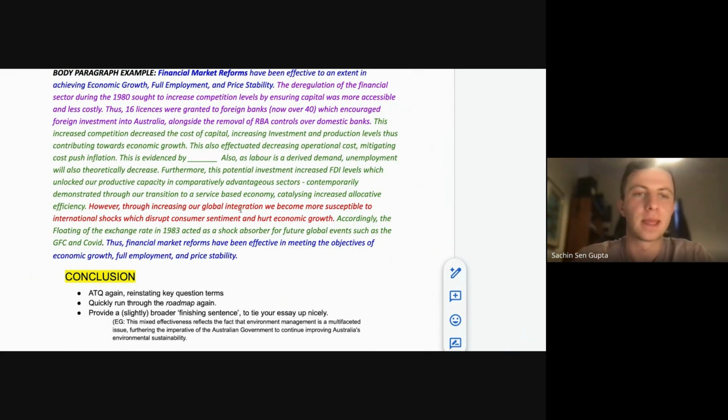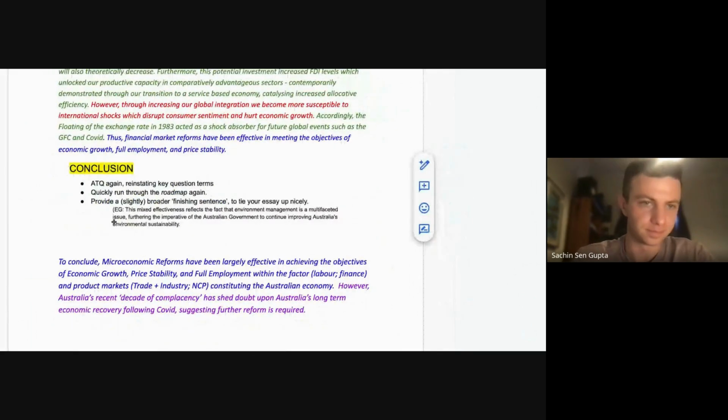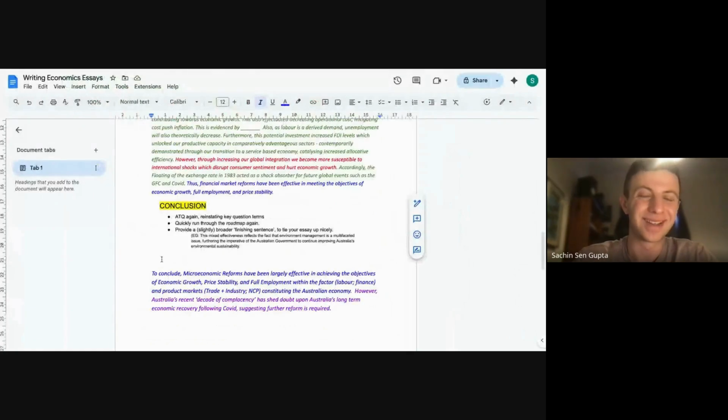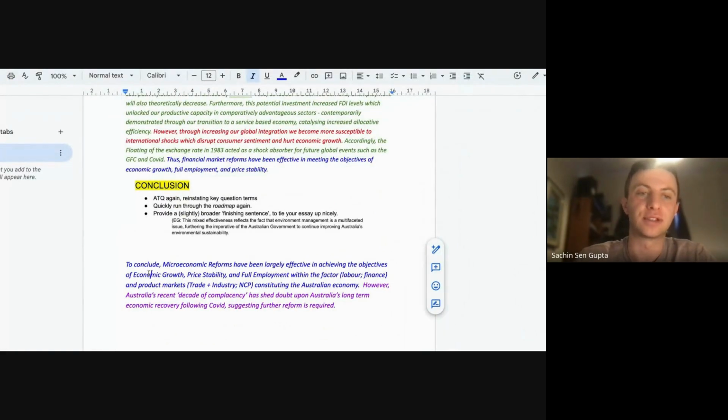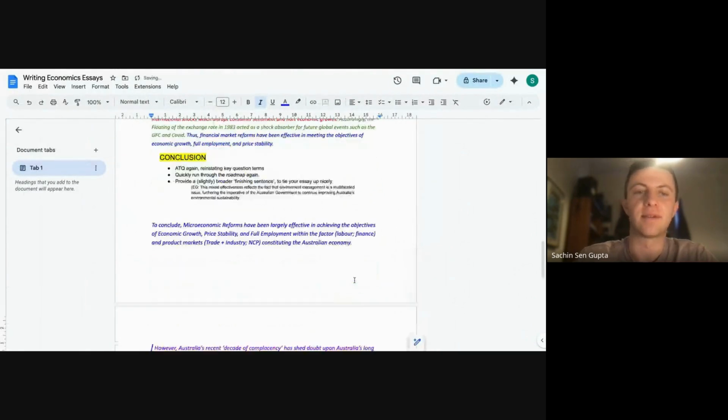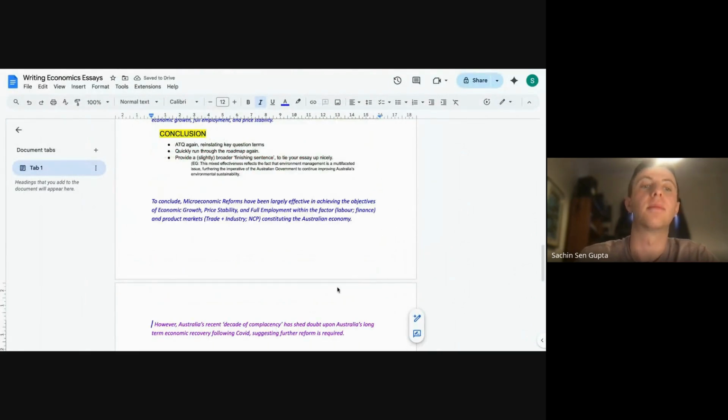All right, and then the conclusion is very similar to an introduction. It can be slightly shorter. As you can see, it has a very similar introductory sentence to my introduction. What this one doesn't have is some sort of really quick roadmap. Once again, just mentioning the two factor markets, labour and financial, and the product markets, NCP and trade and industry.